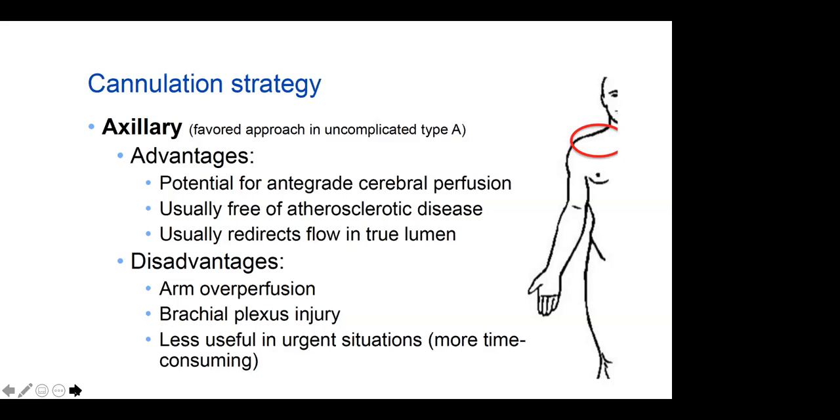I will prefer to use an 8 millimeter Dacron graft to sew to the axillary artery after controlling distal and proximal. Then I will open the artery and sew my graft directly to the artery. Then I will release the distal to see the blood flow. Then I will release the proximal. Then I will clamp my graft.